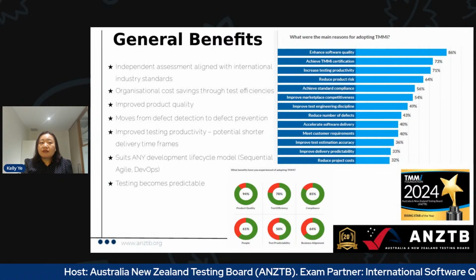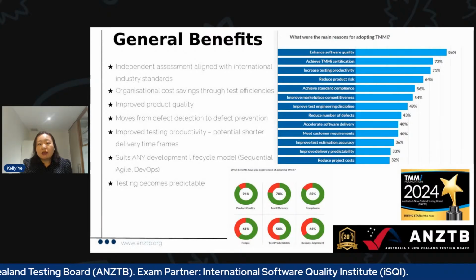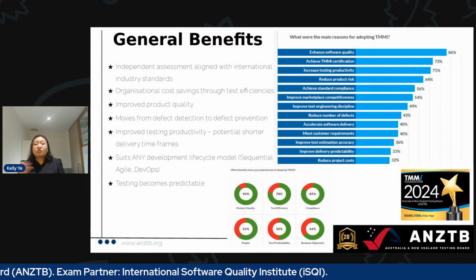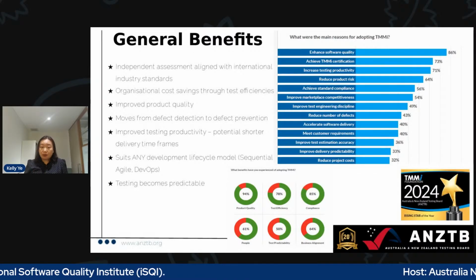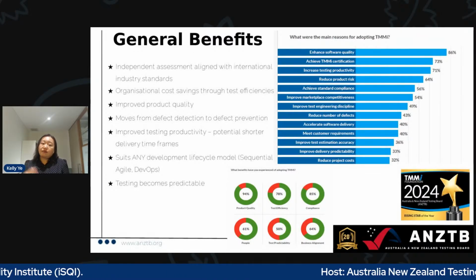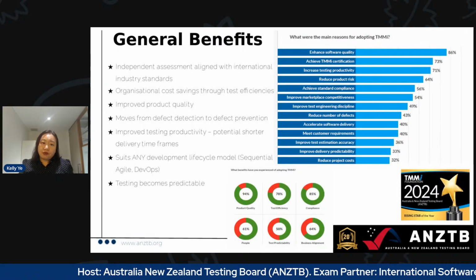And 15% report test predictability from adopting TMMi. What this means is most organizations, when they first adopt TMMi, will achieve TMMi level 2 or level 3. After several years, they upgrade to level 4 and level 5.